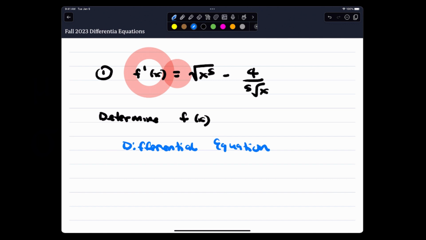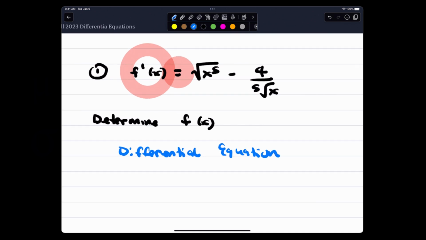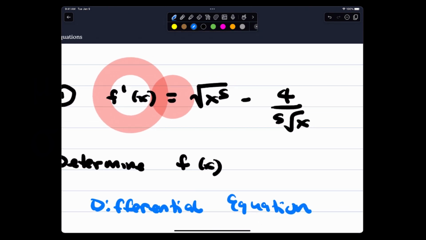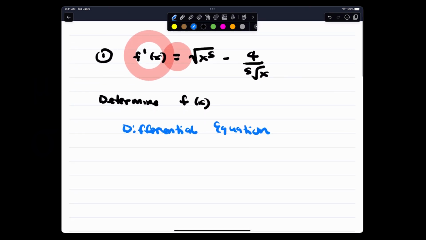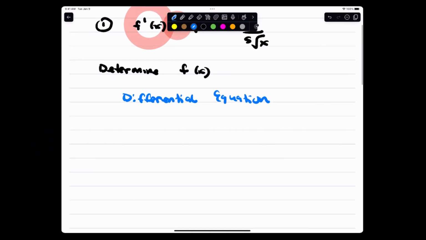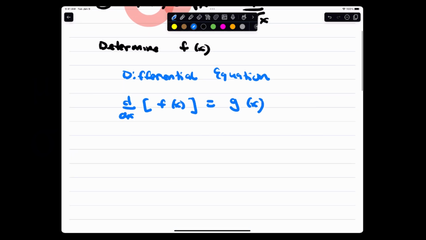So you've got a whole course in differential equations. It's an amazing course. Now you might say, what does that even mean? Well, what you have is a derivative of a function equals another function. And what they give you in this book is what happens if you have this situation.